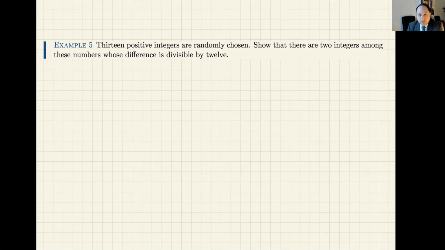Do you understand what I mean? Because if I have 13 positive integers in my hand, I want to show that there is at least a pair so that the difference of that pair is divisible by 12. But then how many pairs do I have? It's more than this number, yes? You understand what I mean?